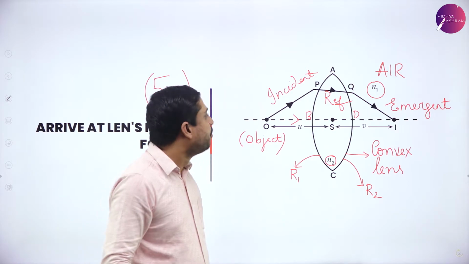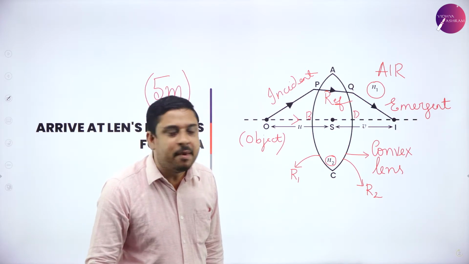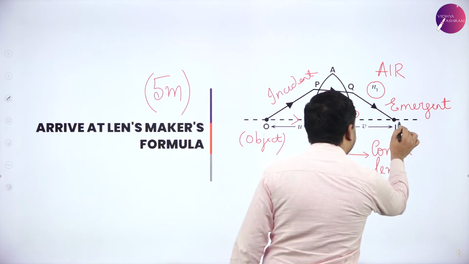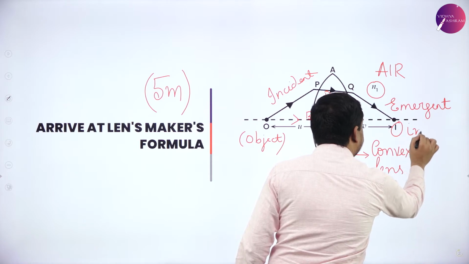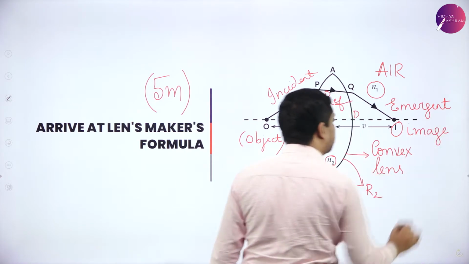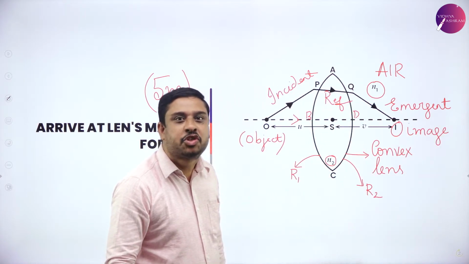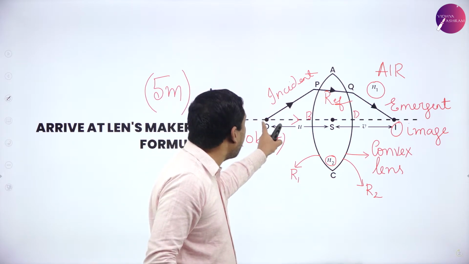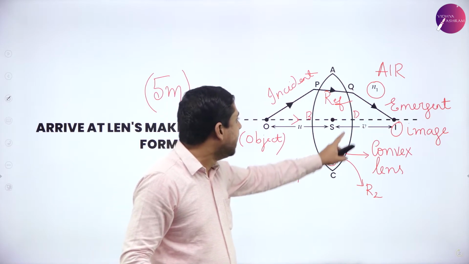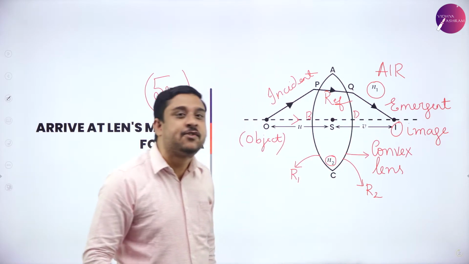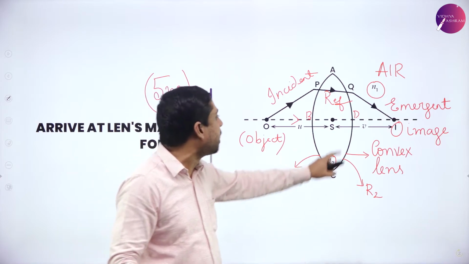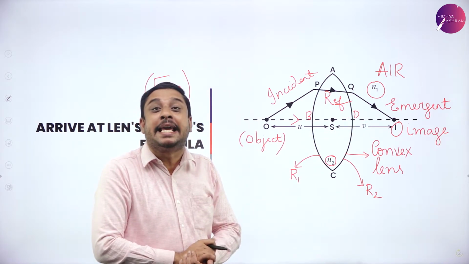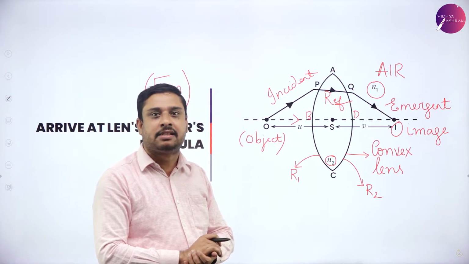I is the real image, not virtual, real image of the object O at a distance V from the center. So V is treated to be the image distance.